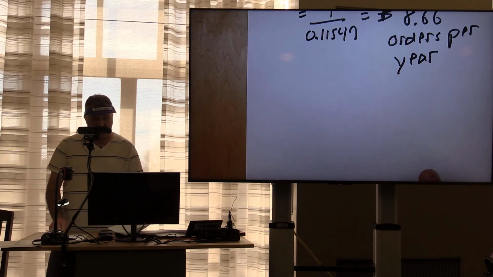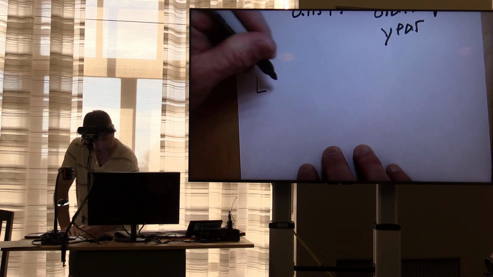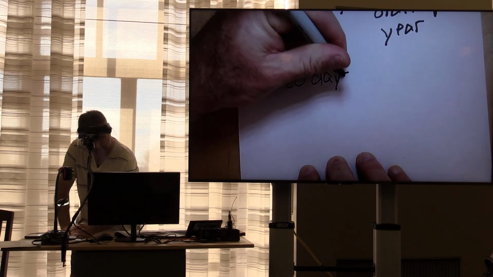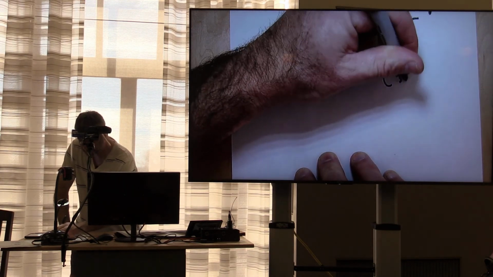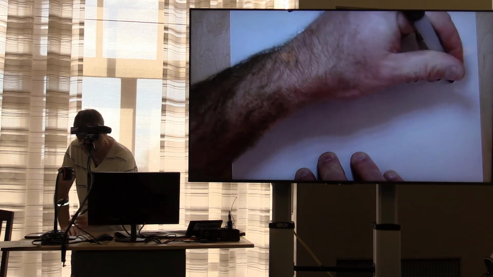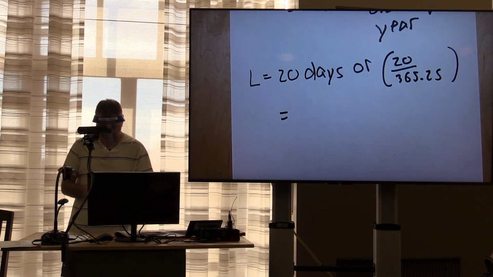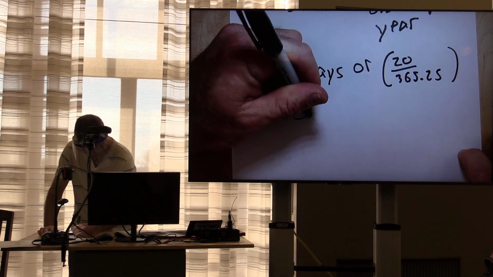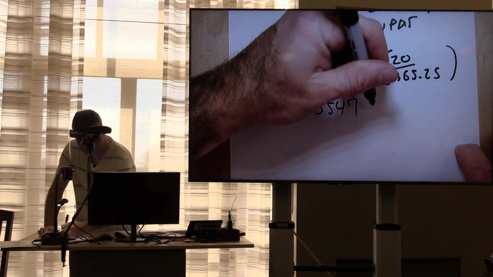And so now we just come here and we say that L equals 20 days, or 20 divided by 365.25, or about 5.47% of a year.